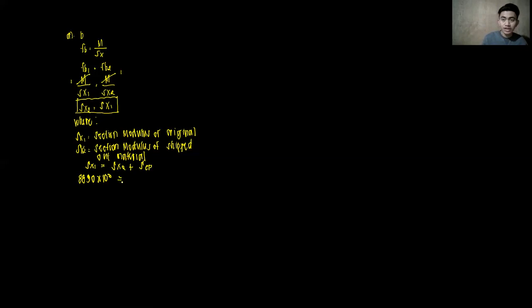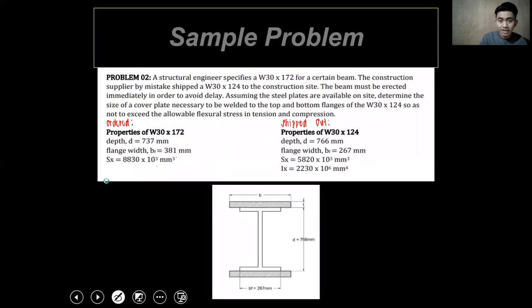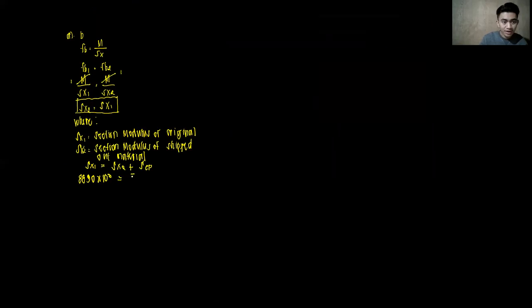So if we are going to write our equation, what happens here? I will have Sx2, shipped out material, 5,820 times 10 raised to 3 plus SCP, the section modulus of the cover plate. What is the section modulus of the cover plate?